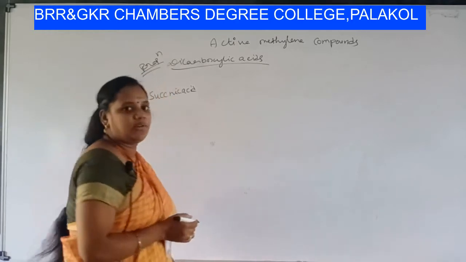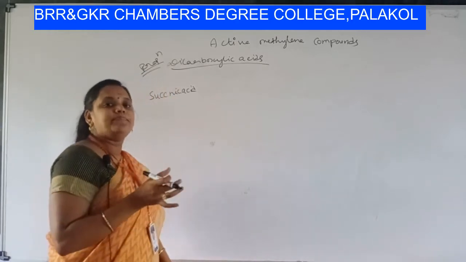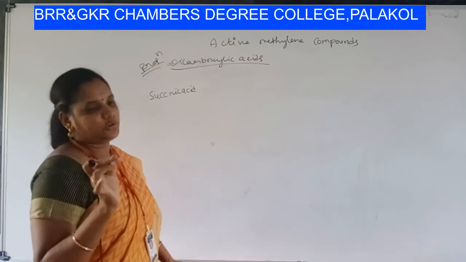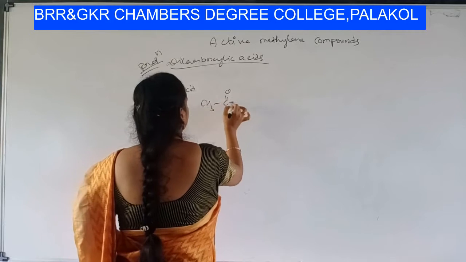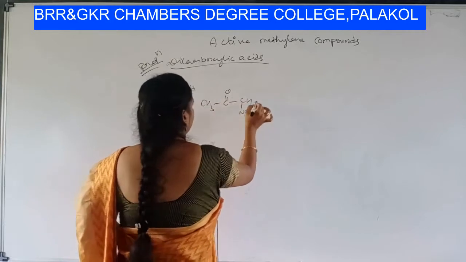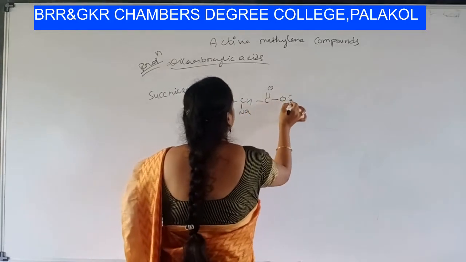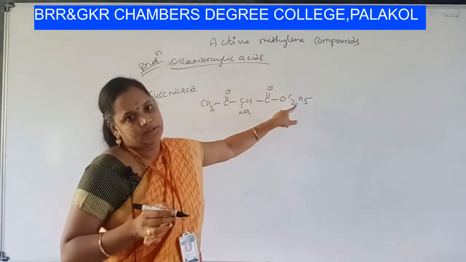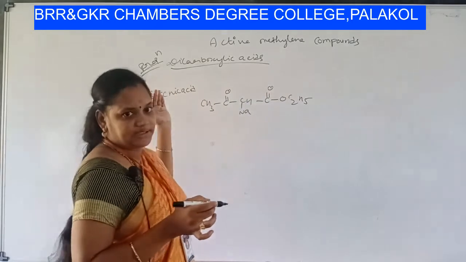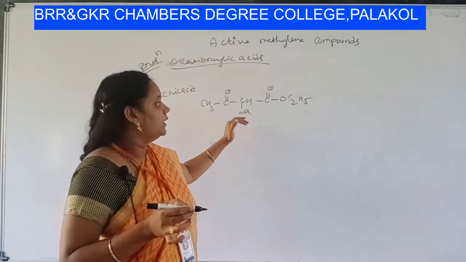For succinic acid, we have to take sodium derivative of ethyl acetoacetate. CH3, C double bond O, CH, Na, C double bond O, OC2H5. You have to take sodium salt derivative of ethyl acetoacetate. How will it be obtained?